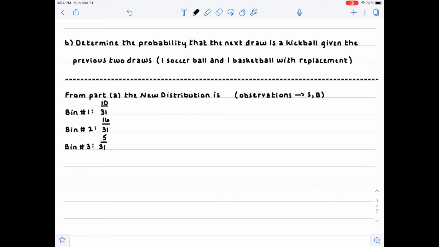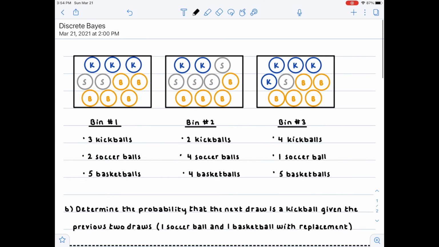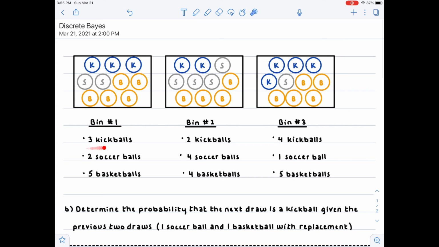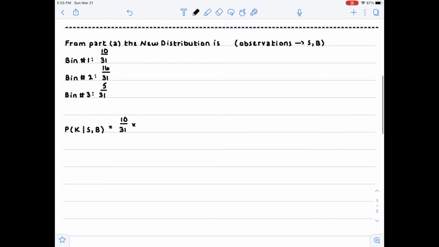Now we can use our new distribution and the information given at the beginning of our problem of bin 1, bin 2, and bin 3 to help us determine the probability we draw a kickball on our next draw, given we had that soccer ball and our basketball in our first 2 draws. Now the way we do that is we take our new probability of bin 1, which is 10 over 31, times the probability we draw a kickball from bin 1. So we have 3 kickballs in bin 1 here, so that will be 3 over 10.